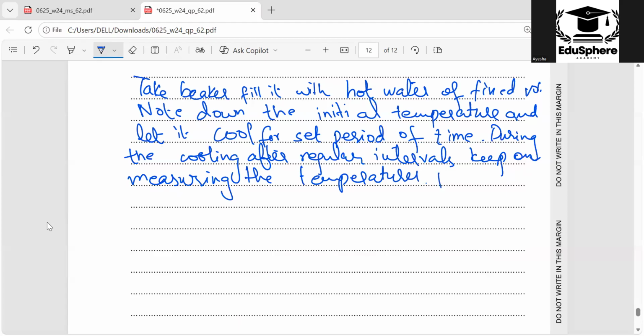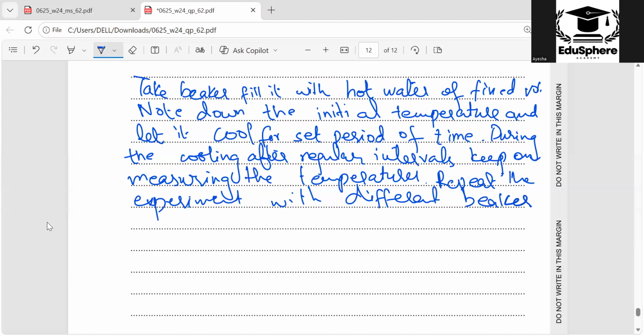So repeat the experiment with different beakers. And then the whole process should be repeated with different beakers of different diameters.